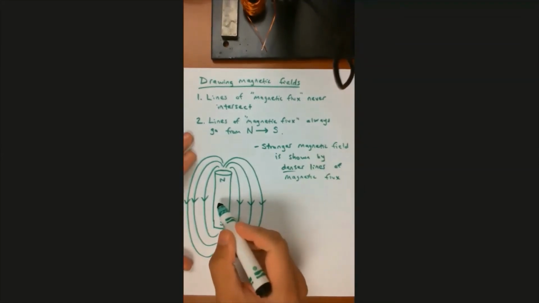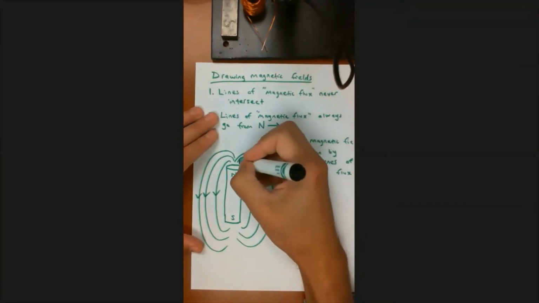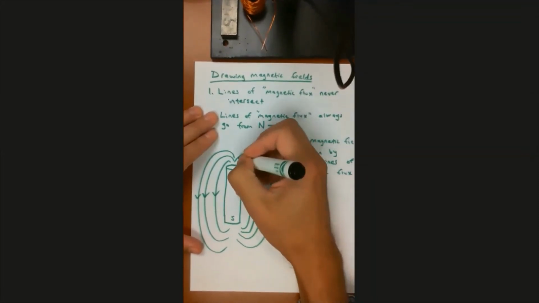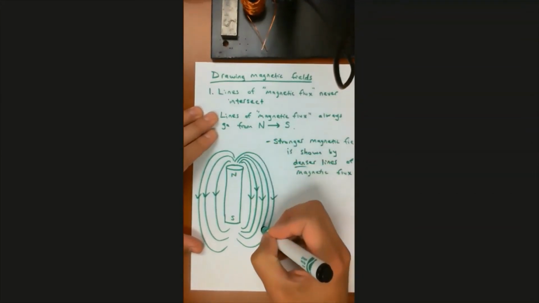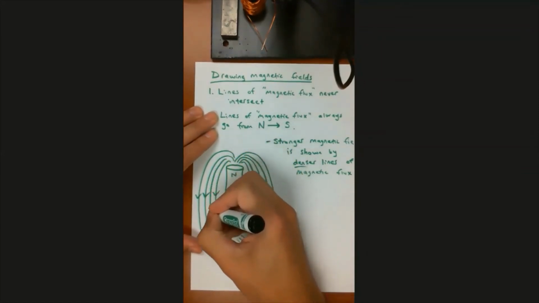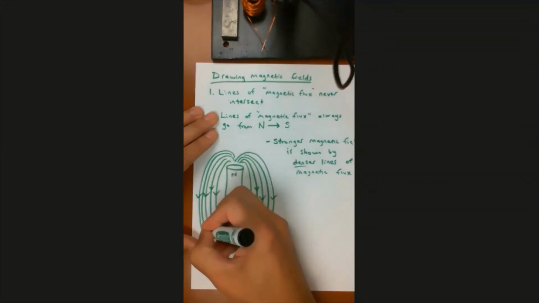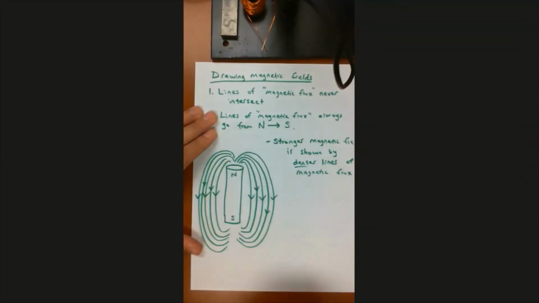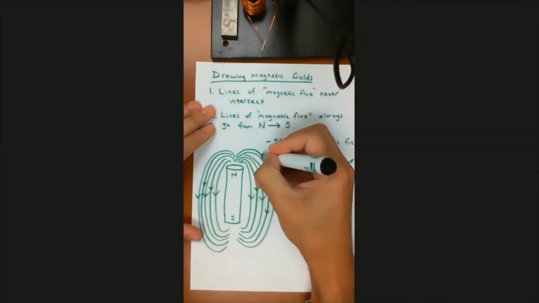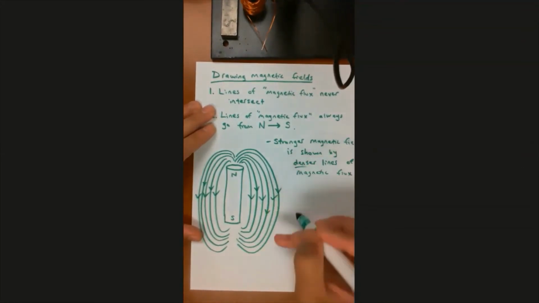So if I replace this bar magnet with a stronger bar magnet, I could show this is a stronger magnetic field by having denser lines of magnetic flux. Like that, right? And I was careful not to let these intersect. They're not supposed to intersect, but I could draw more and denser lines of magnetic flux, and that would indicate a stronger magnetic field.